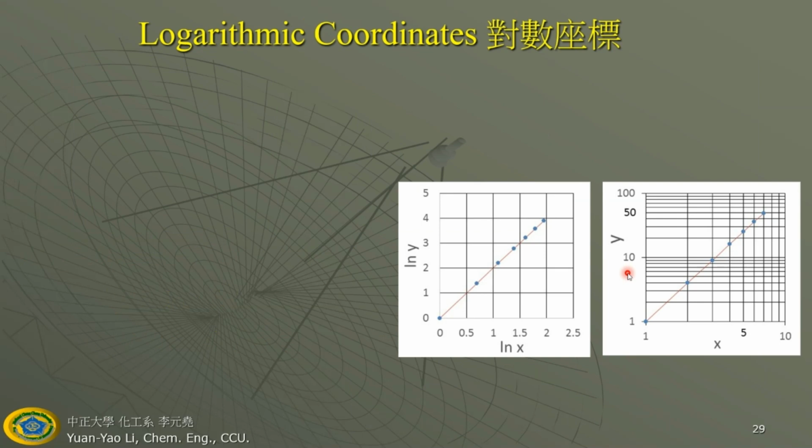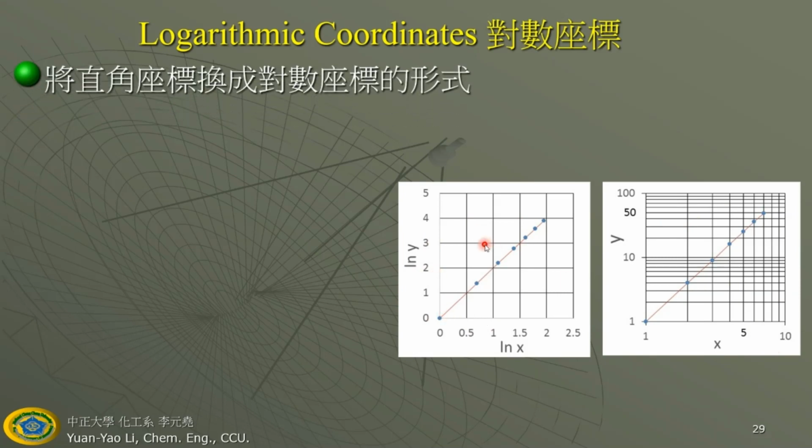So this kind of coordinates, we call it logarithmic coordinates. As you can see, this one is a log plot and this is a rectangular plot. The important thing is that if you change from rectangular plot to log plot, it tells you the same thing. It's just a different type of scale. That's it.